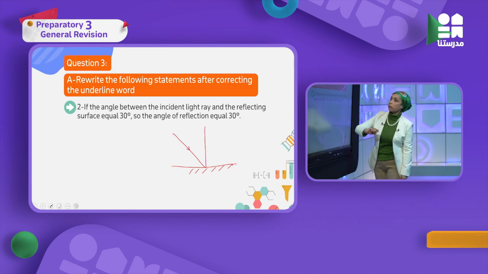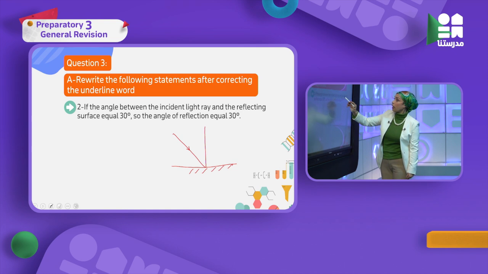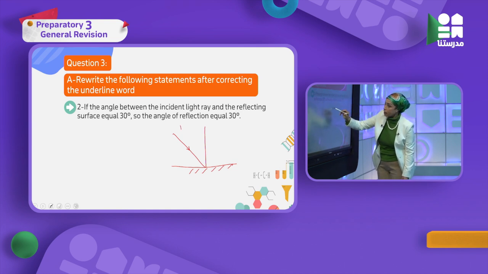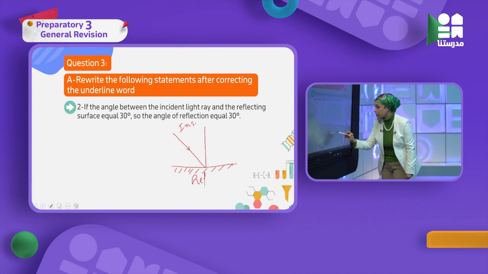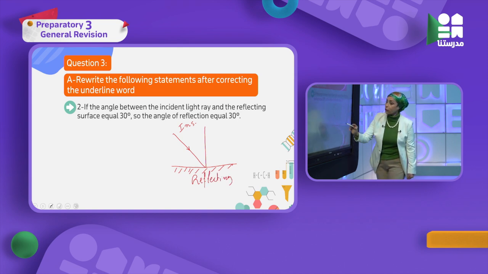This is the incident light ray, and here is the reflecting surface. It says the angle between the incident and the reflecting surface is 30 degree.